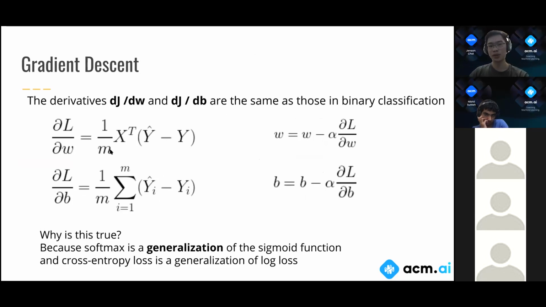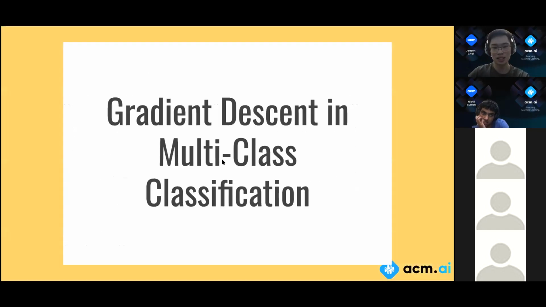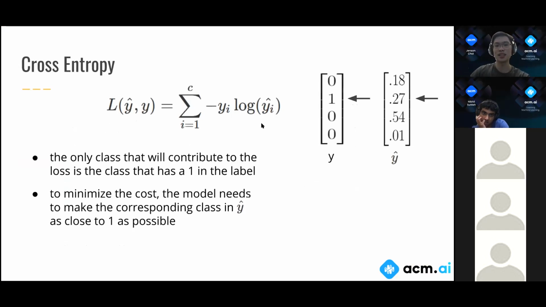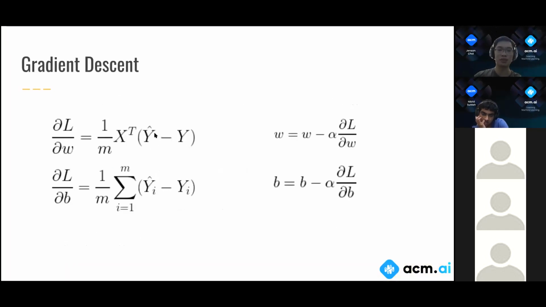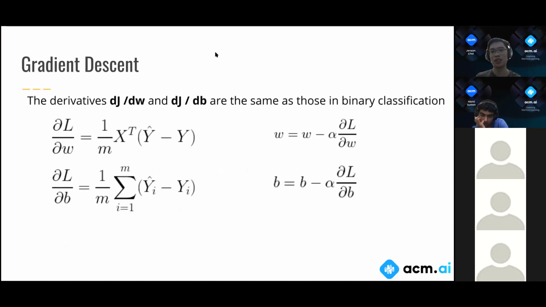This would give you a vector where usually all the elements are non-zero, and then you use this update rule. I think I said earlier that the loss would only, or the second class would contribute to the loss, but the gradient is different. So the computation is different.